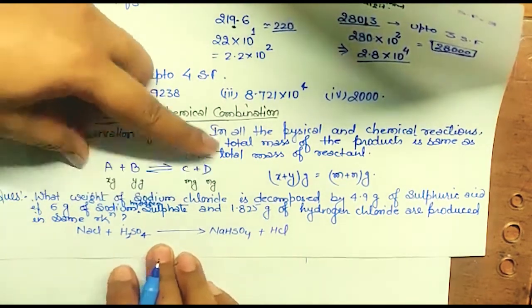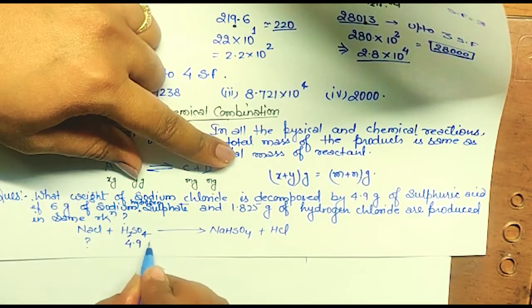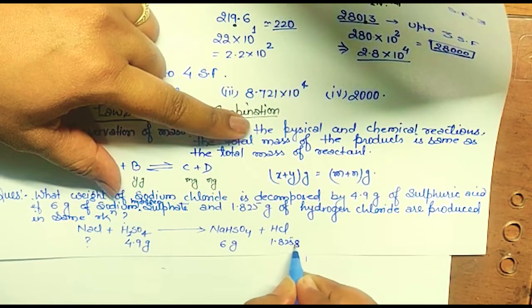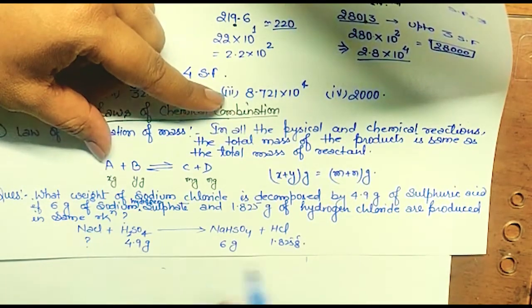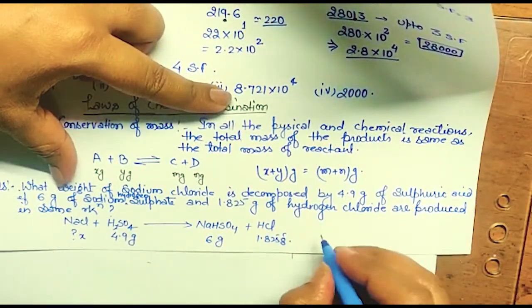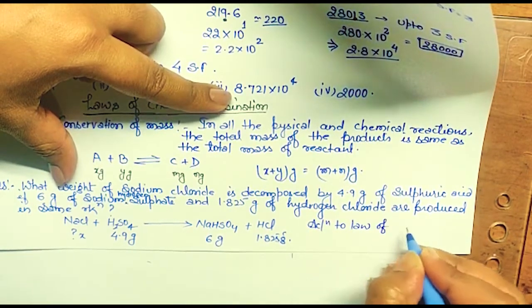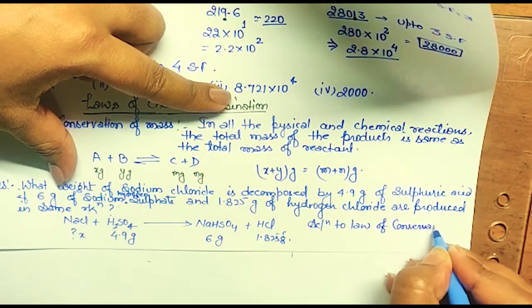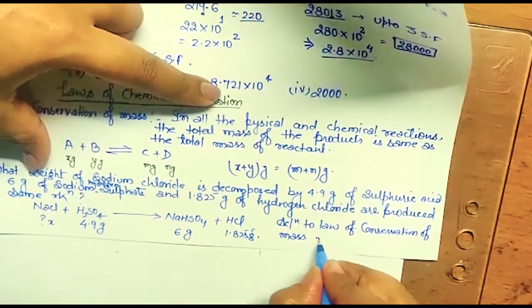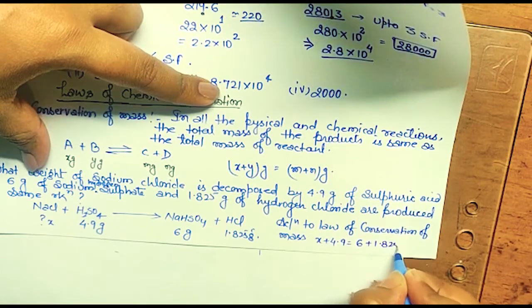Now the weight of NaCl is not given, this one is 4.9 gram, this one is 6 gram, and this one is 1.825 gram. So can you find this NaCl weight? Yes, by this equation. Suppose it is X. According to the law of conservation of mass, X plus 4.9 will be equal to 6 plus 1.825, isn't it?